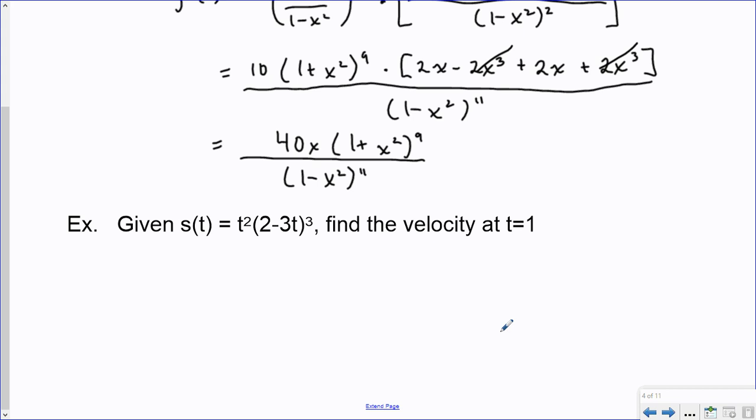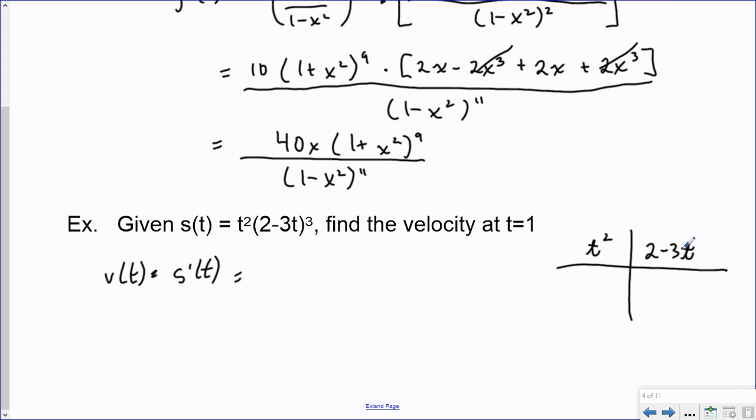So this velocity is going to be my derivative function, and my derivative function, I've got t squared and 2 minus 3t raised to the third power. So I need the derivative of t squared is 2t, and the derivative of 2 minus 3t to the power of 3 is what I've just written here. I think I've done that right. I'm just going to double check.